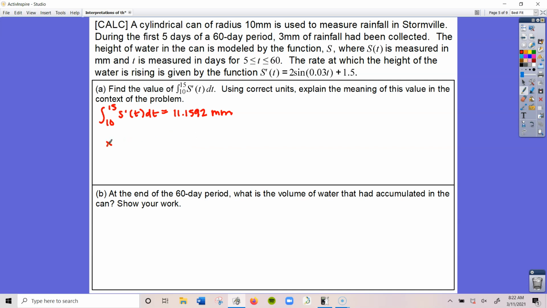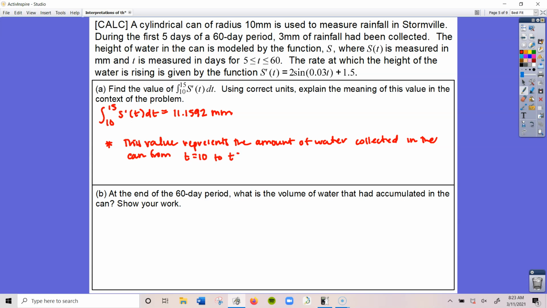So what we can write here is that this value represents the amount of water collected in the can, since it tells us that it's the height of the water in the can, from t is equal to 10 to t is equal to 15 days.